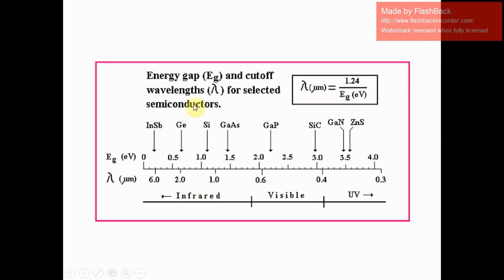Now there are some examples of semiconductor materials: indium antimonide, germanium, silicon, gallium arsenide, gallium phosphide, silicon carbide, gallium nitride, zinc sulfide. Many laser materials are formed from these semiconductor devices. And another important relation is between wavelength and energy gap, Eg in electron volts and wavelength in micrometers. The relation is lambda equals 1.24 divided by Eg.